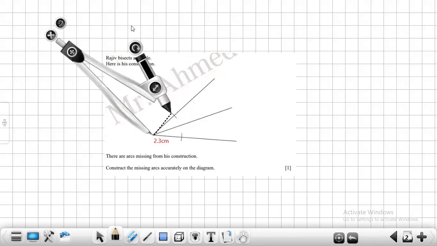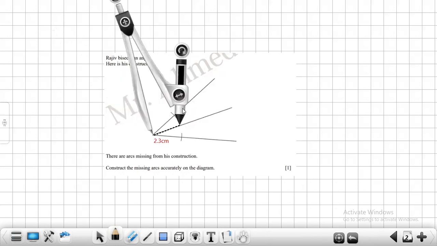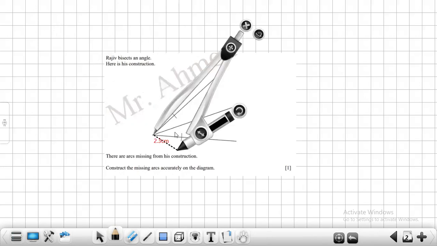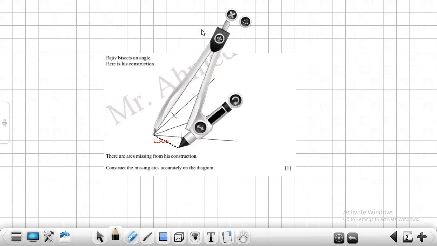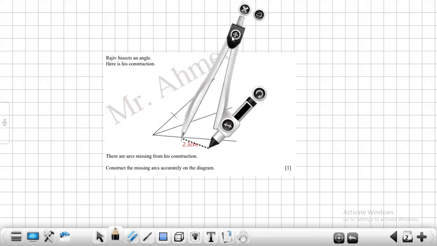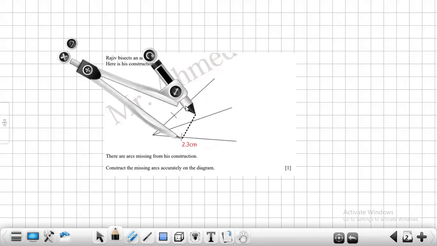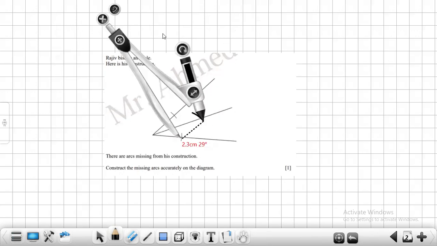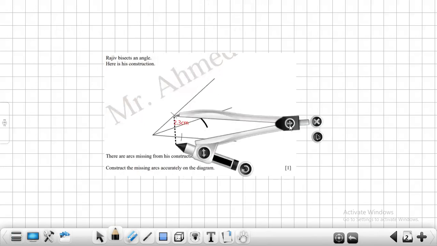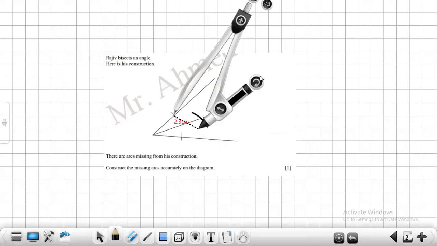How can we draw the missing arcs? If you remember the steps, after we draw these two arcs, which Rajiv has already done, you go to one of the two arcs and you do like that. And you go to the other arc and you go like that.